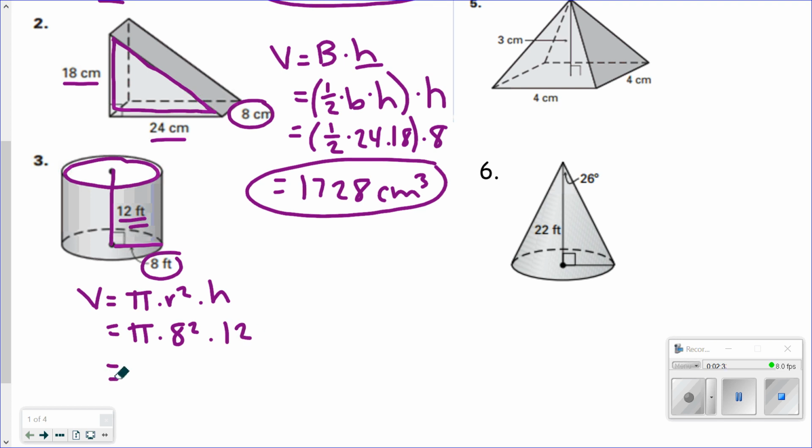So we're going to plug this right into our calculator, and I would round to 2 decimal places. I will be sure to tell you exactly where to round on the quiz, but you get 2,412.74. We are in feet, so feet cubed.